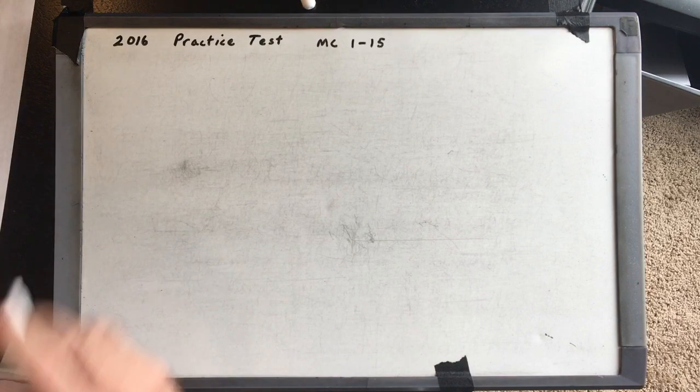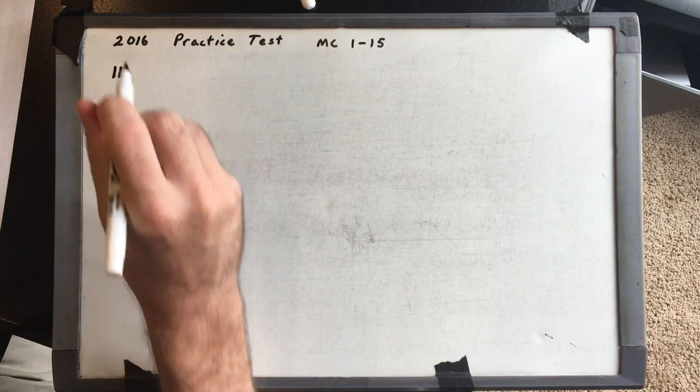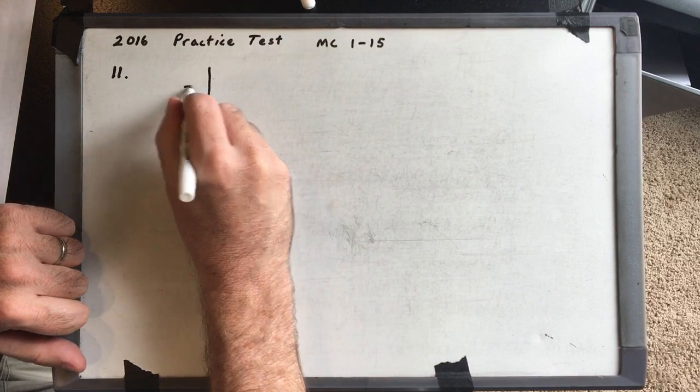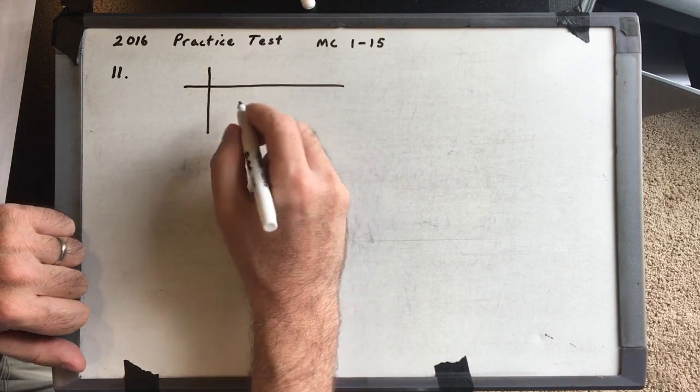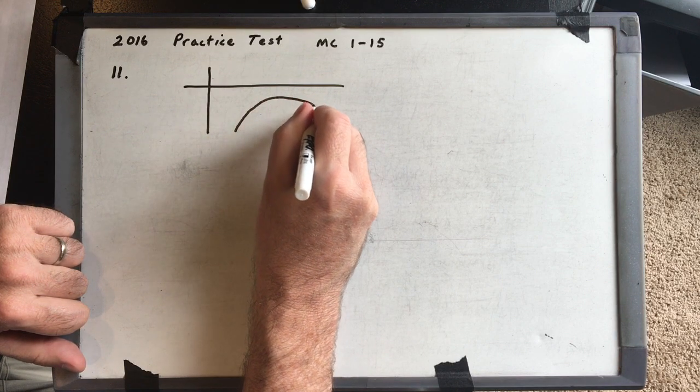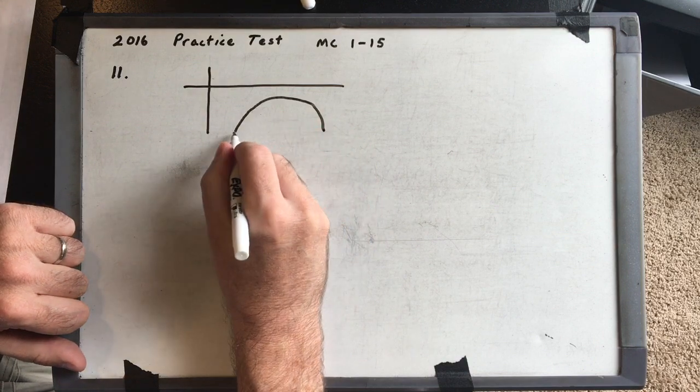Okay, number 11. 11's a pretty cool one. So what we've got is a semicircle below the x-axis, all right?